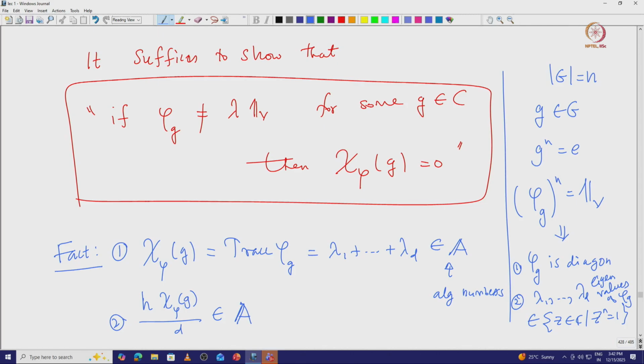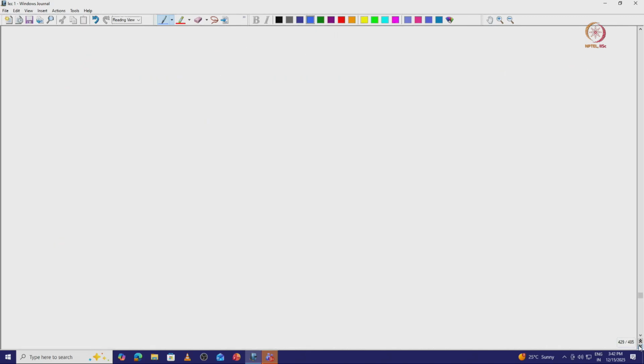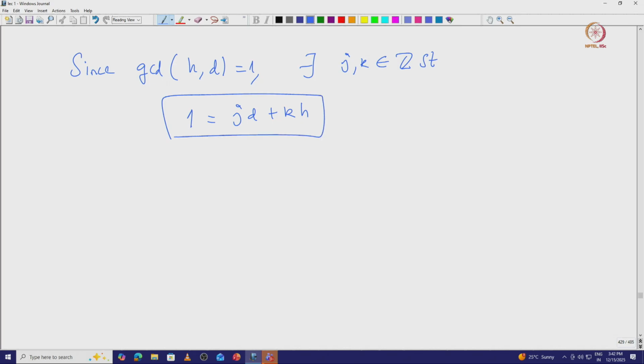Since the GCD between h and d is 1, we can find integers j and k such that we can write 1 as an integral linear combination of d and h. So j d plus k h is exactly 1.